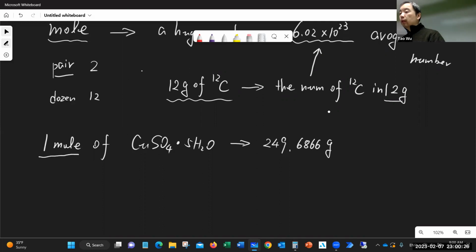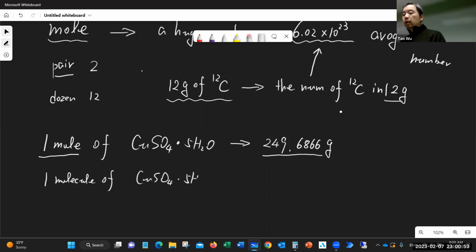One mole of something equals how many grams? So we can generally convert the AMU to grams. One molecule of copper sulfate pentahydrate is 249.6866 AMU.